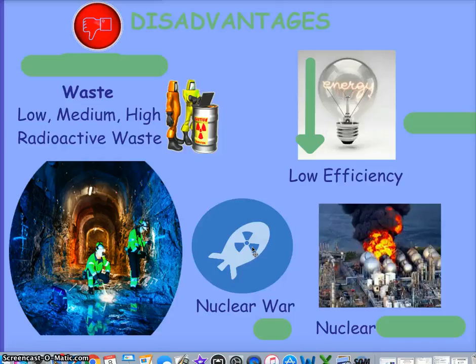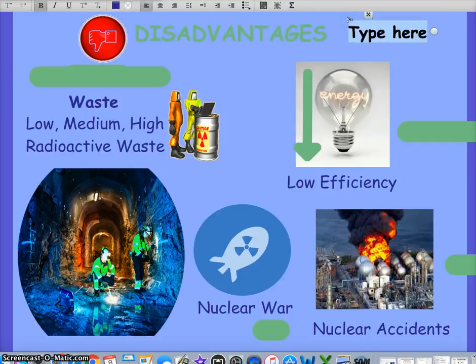And one of them is the plutonium aspect, which again, you don't have to know, which is what they can make weapons from. So that's pretty scary. Even though there's this, and I'll talk about that too, there's this whole thing that you can't go there. And then nuclear accidents. Obviously something that we know exists, has happened, and is definitely a problem, because once that happens, oh, and one more thing that I didn't put here, the lifespan of the plant is definitely a disadvantage.